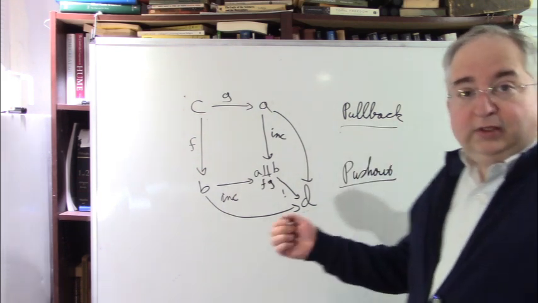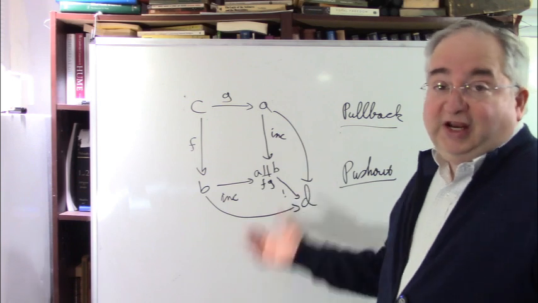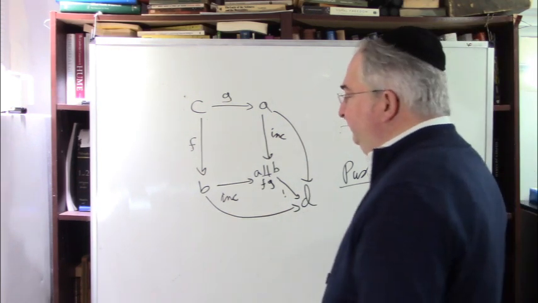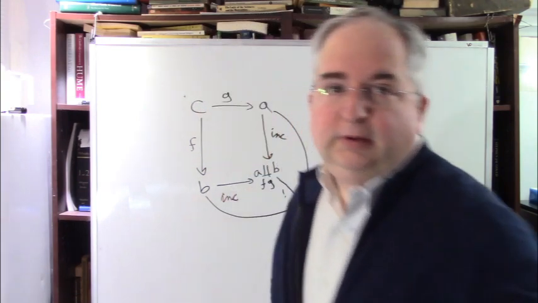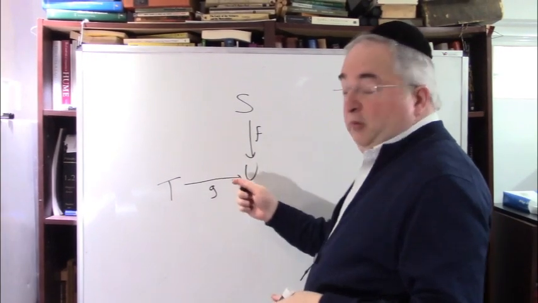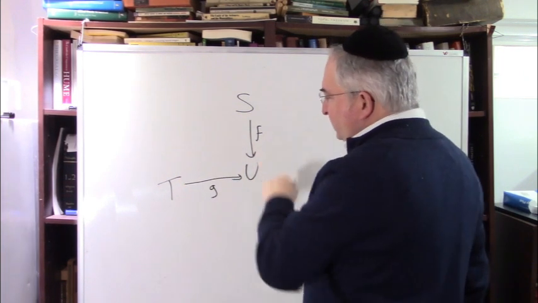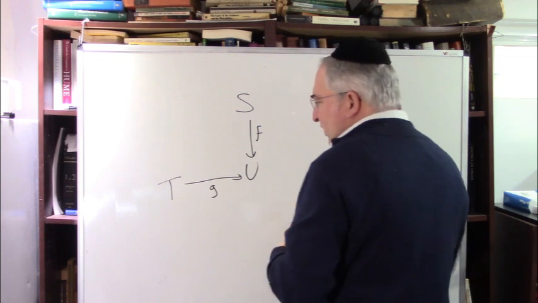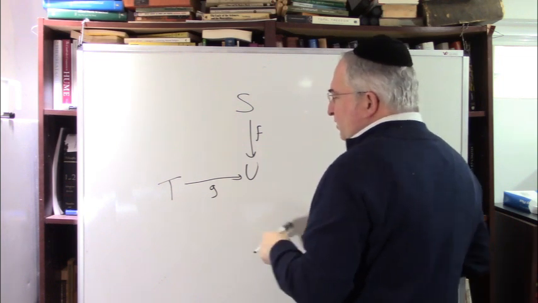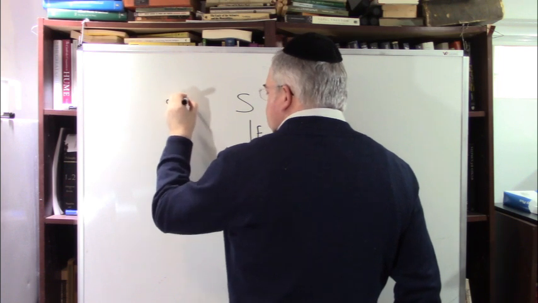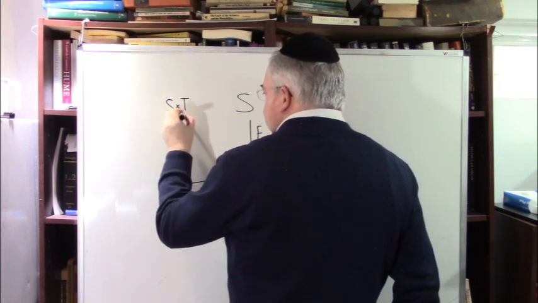So this is a definition within any category. Let's look at sets and see what this is equal to. We want to look at what a pullback is for these sets. So you have T, U, S like that. The answer is as follows: we write it as S cross T subset FG.